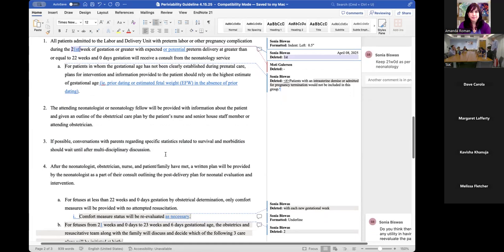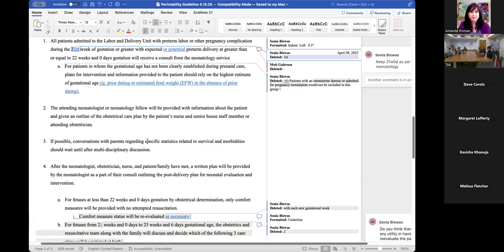The worst thing is to go in as a resident and say your baby has a 20% chance of survival, and then neonatology goes in and says no, it is 35%, and then the patient gets all confused. So I think it's extremely important in these very difficult situations to be on the same page.